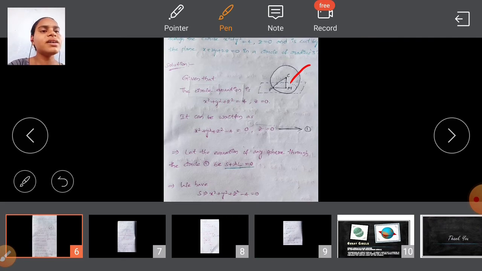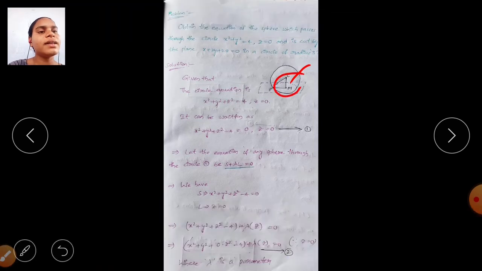Here we have a circle and a plane. The sphere and the plane together give the circle equation.